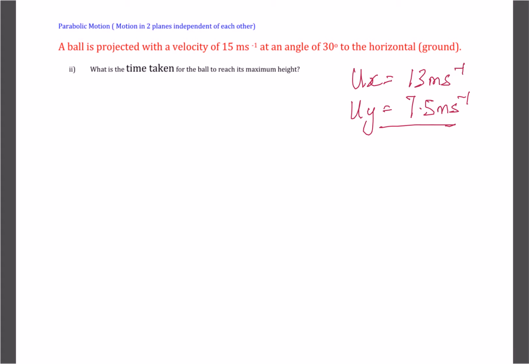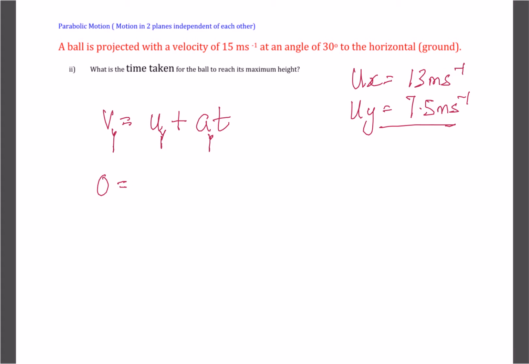At the maximum height, the velocity will be 0. So we use this equation, and remember, these are all the y components. Of course, the velocity at the highest point is 0.